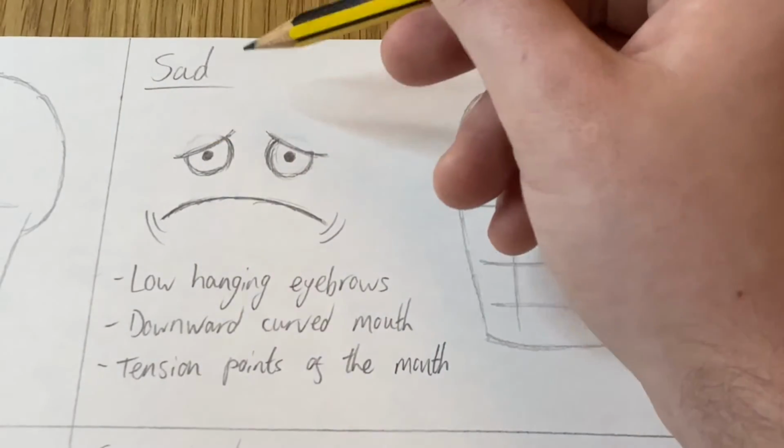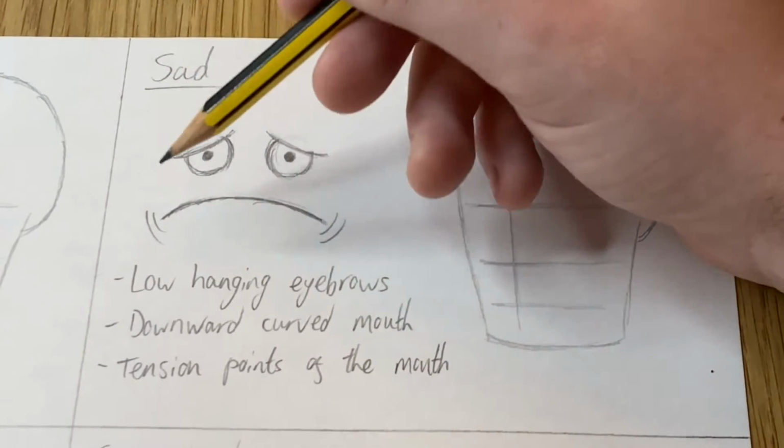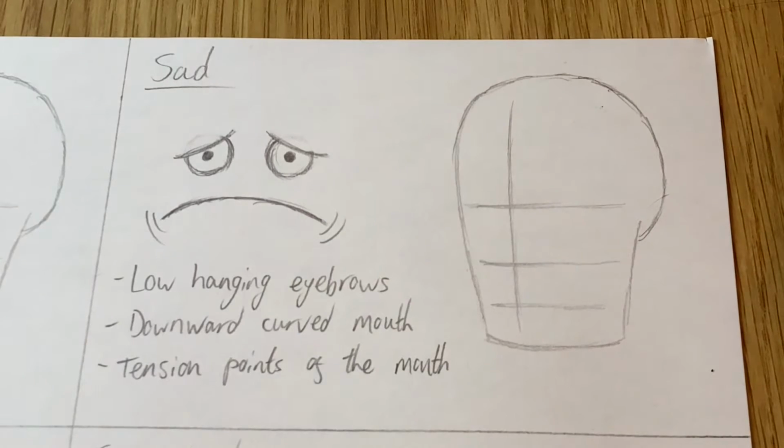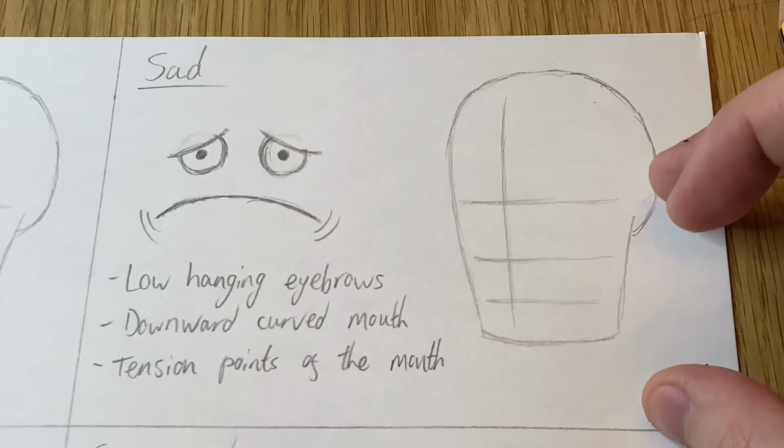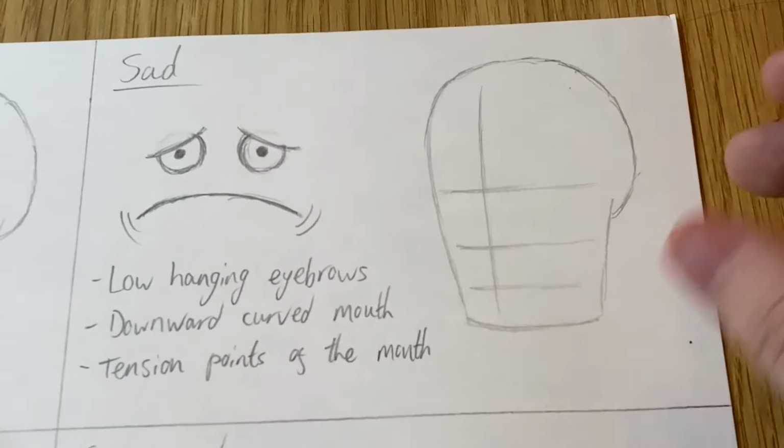So low hanging eyebrows, the downward curve, and then the tension points to exaggerate the curve itself. And so onto the face as well.